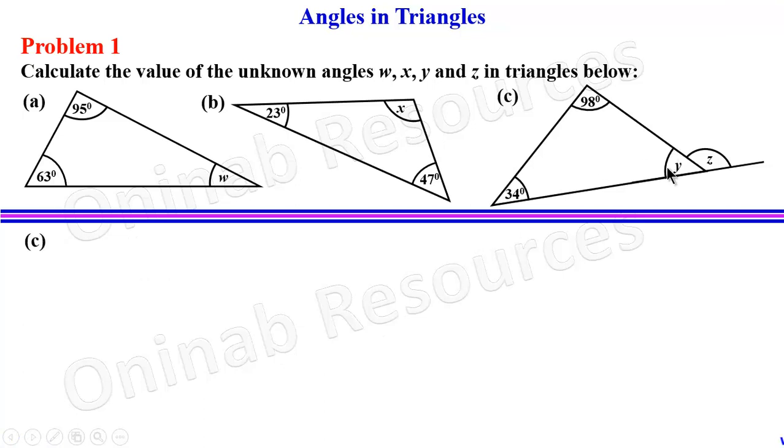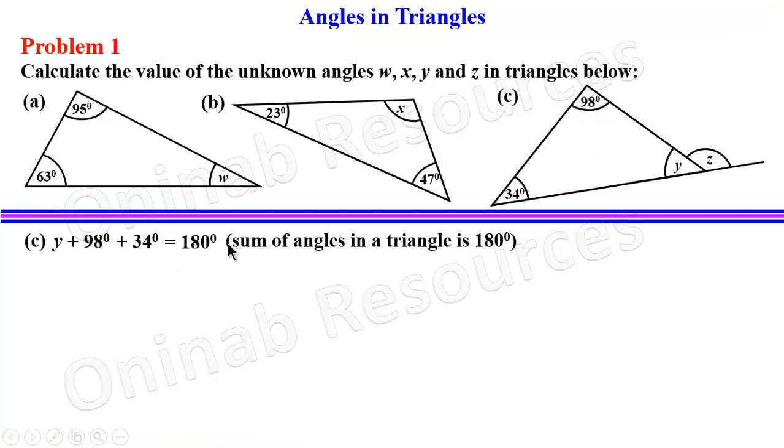For C, in the same way we find Y first, the way we have solved W and X, so that we now have Y plus 98 degrees plus 34 degrees is equal to 180 degrees. Sum of angles in a triangle is 180 degrees.